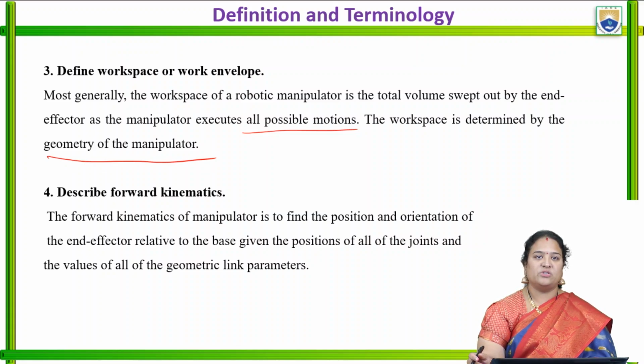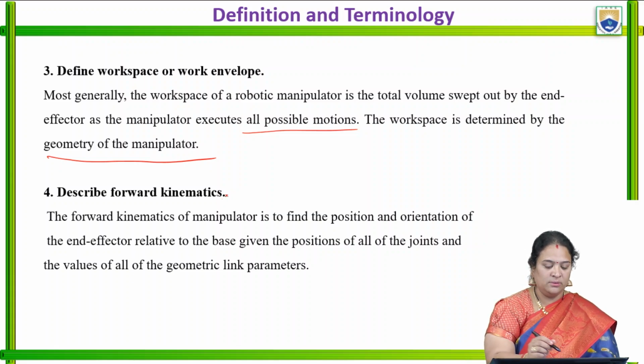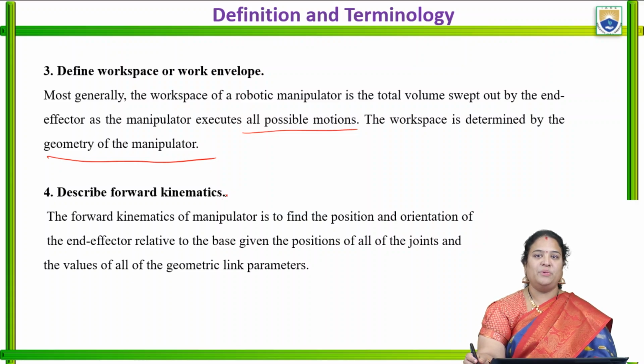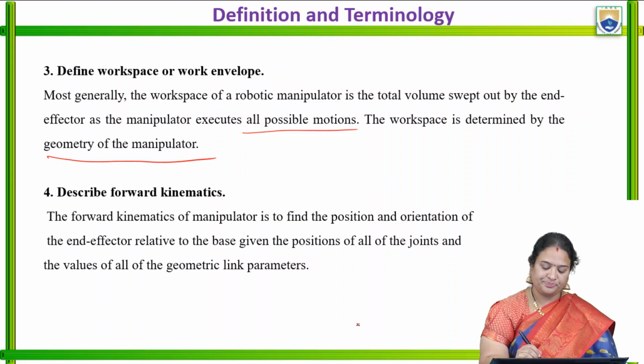Next, describe forward kinematics. What do we mean by forward kinematics? The forward kinematics of a manipulator is to find the position and the orientation of the end effector.